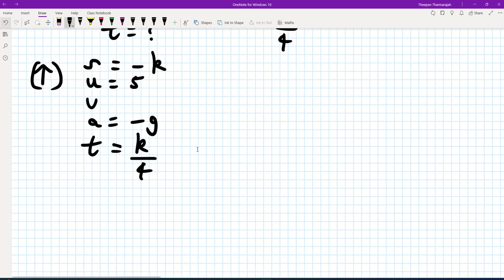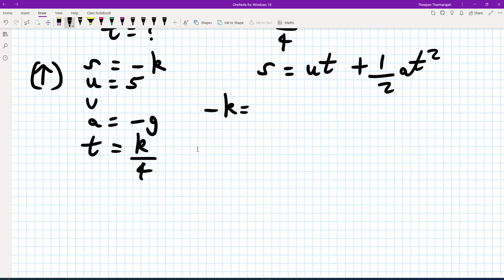So the suvat equation that we're going to use is s equals ut plus a half at squared. And that's going to be minus k equals 5k over 4 minus 4.9 k squared over 16.